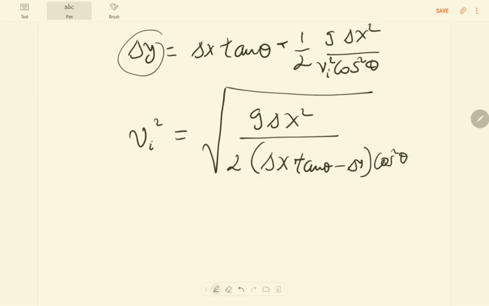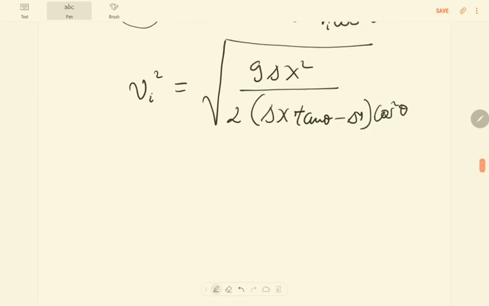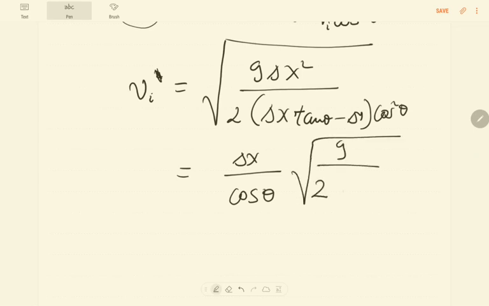So the initial velocity, in fact, you would get the expression delta x over cosine theta times the radical of g over 2 times delta x tan theta minus delta y.